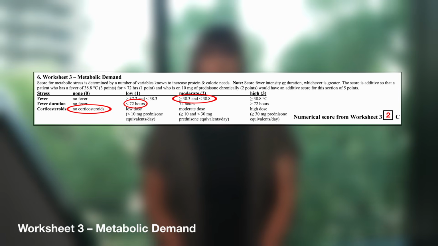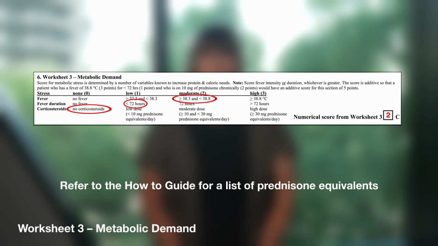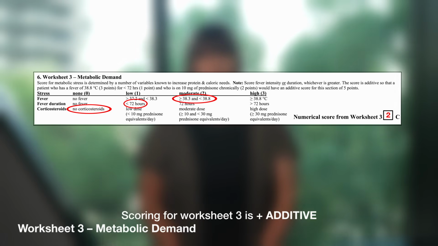For fever, score either the intensity, that is how high, or duration, that is for how long, whichever is greater. For a list of prednisone equivalents, refer to the accompanying how-to guide. Scoring for Worksheet 3 is additive. Add all relevant points and record the total score in Box C.